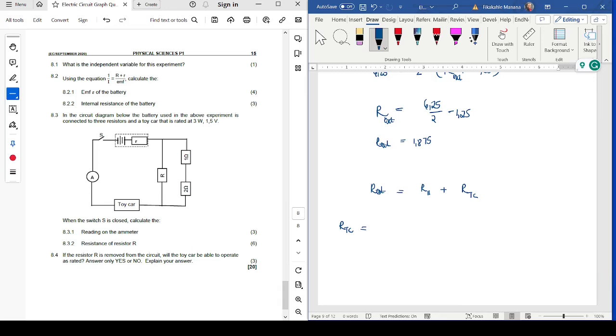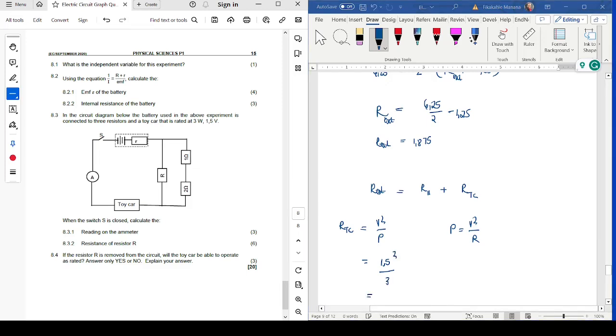So already for the toy car, we know that the power is 3 watts, the voltage is 1,5, and then there's this equation where we have power being equal to V squared over resistance. Okay, therefore resistance is equal to V squared over power. The voltage is 1,5, potential difference, and then the power is 3.